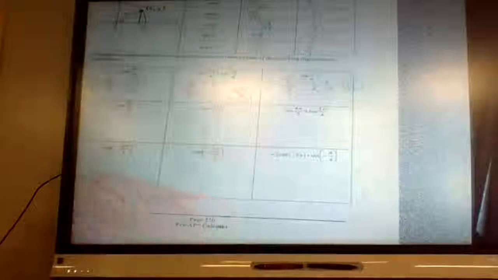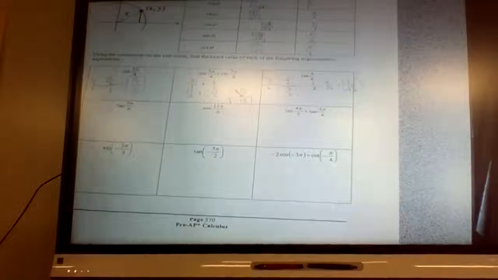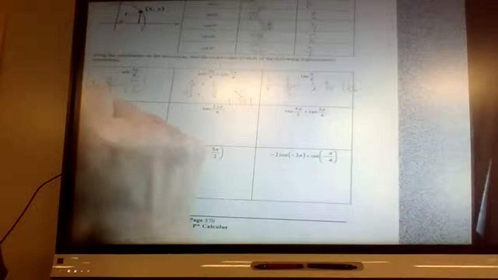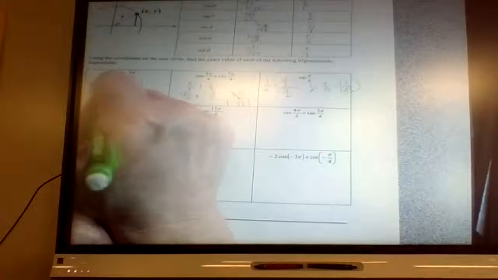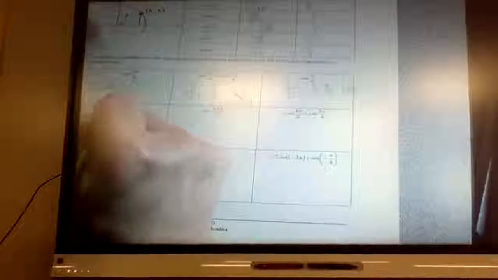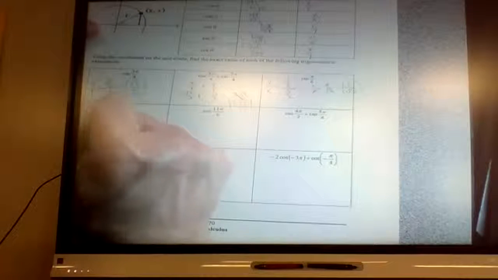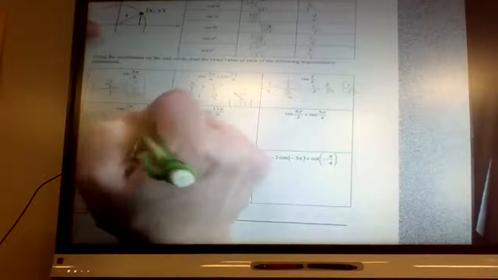What's the tangent of 7 pi over 6? Do you know? Tangent's y over x. What's y for 7 pi over 6? Negative 1/2. What's x for 7 pi over 6? It's going to work out like that. It's going to be 1 over the square root of 3.